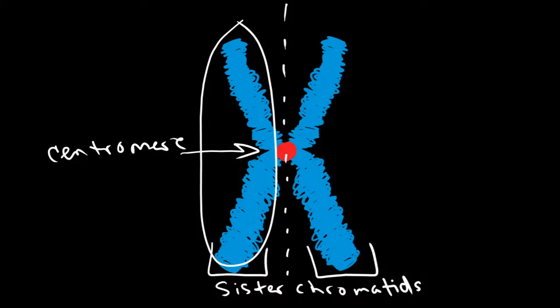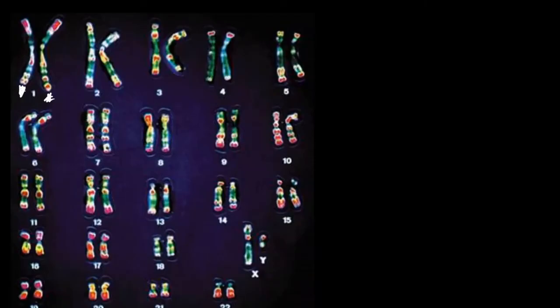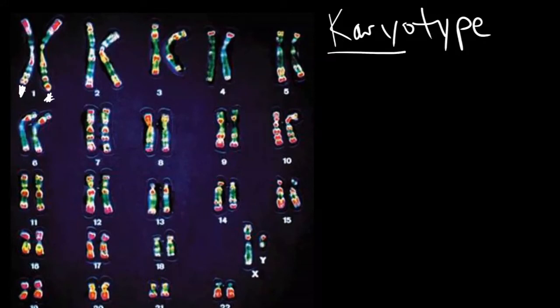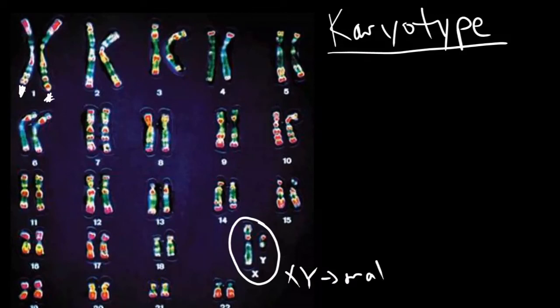Now, how many chromosomes do you have in a typical body cell? Well, here's a picture of it. A mapped out picture of the chromosomes in a cell is called a karyotype. Here we are looking at a male karyotype. I can tell because over here on the 23rd pair, it is an X and a Y. XY in humans is male, XX is female.